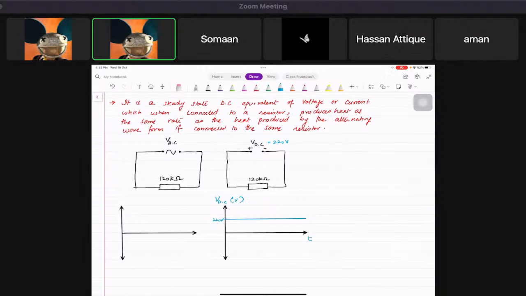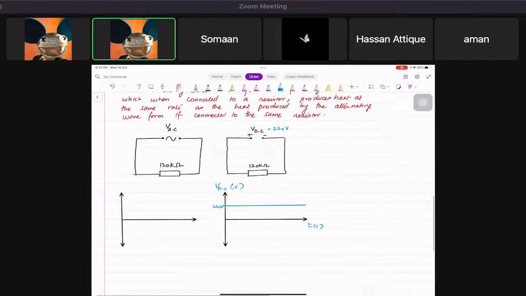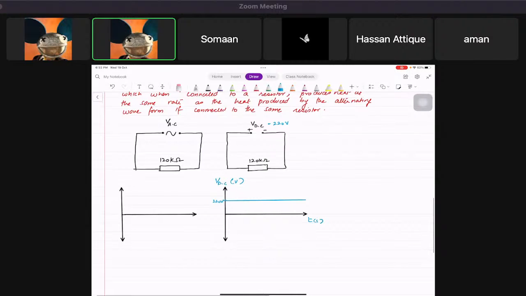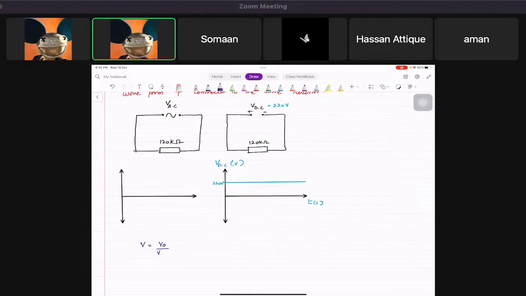But that is not true for AC, because if you want to give an equivalent supply, I just want to tell you that the only way you can find that is by using this formula that we're going to derive later as well. That the voltage you need will be equal to the peak voltage over root of 2. We're going to do this later, don't worry.